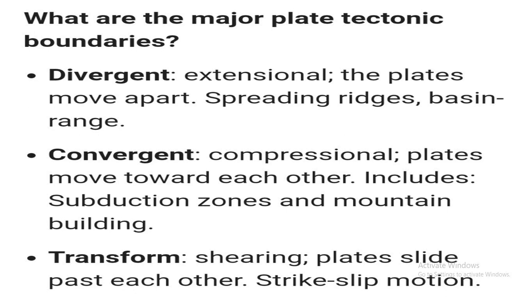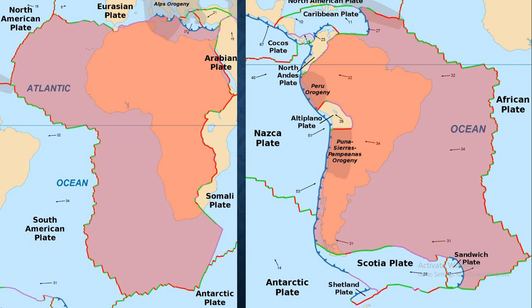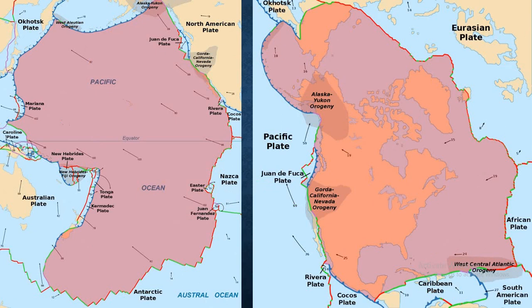Okay, what are the major plate tectonic boundaries? We have three types of major plate boundaries. What were they? Divergent, convergent, and transform. We'll see them in detail in the coming lesson. Again, some of the tectonic plate boundaries.